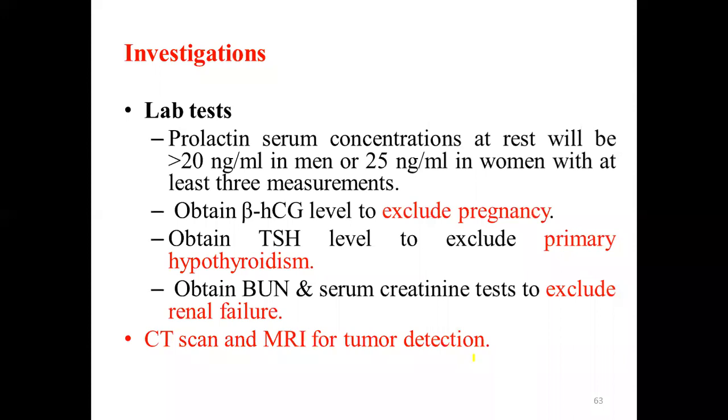So, prolactin level at rest will usually be above 20 nanogram per ml in men and above 25 nanogram per ml in women, with at least three measurements. When the level is that high, this is diagnostic for hyperprolactinemia.